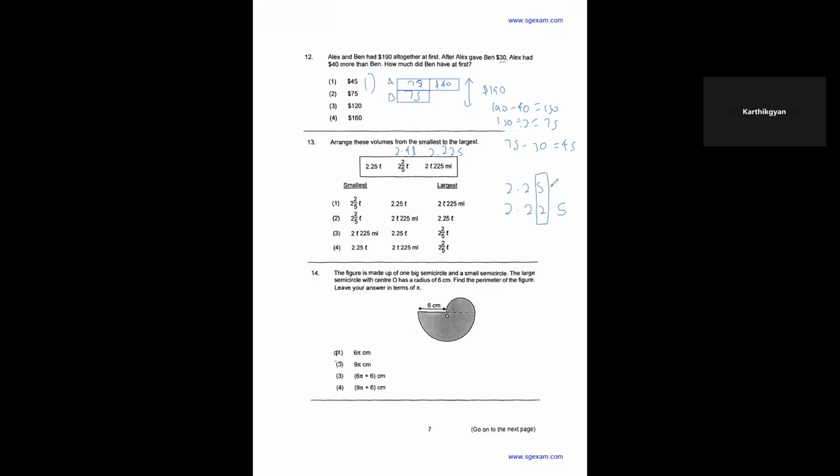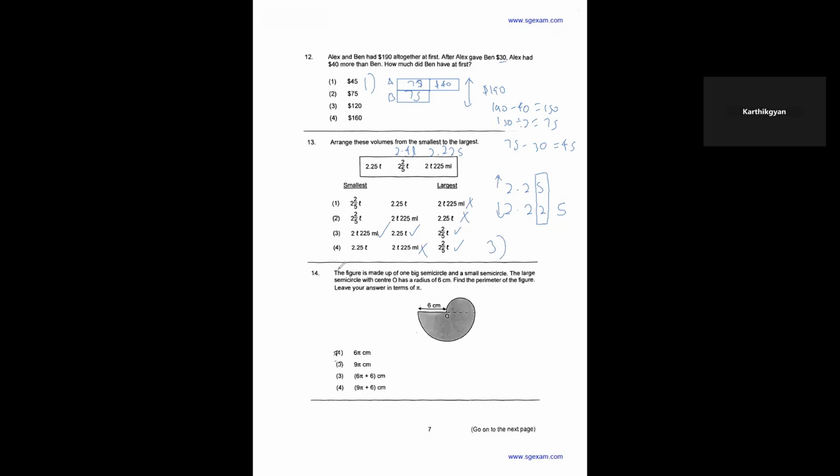You see that? 5 is greater than 2. So this is the bigger one, and this has to be the smallest one. So largest must be 2.4. So option 1, option 2 is gone. Just left with option 3 and option 4. The middle one must be 2.25, which is this one, not this one. And lastly, the smallest has to be this. So it's option number 3.